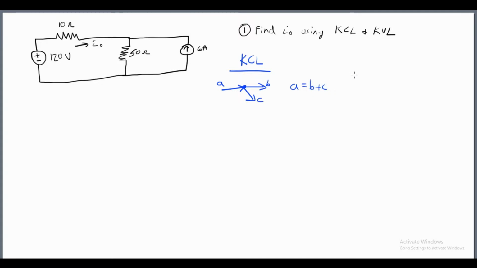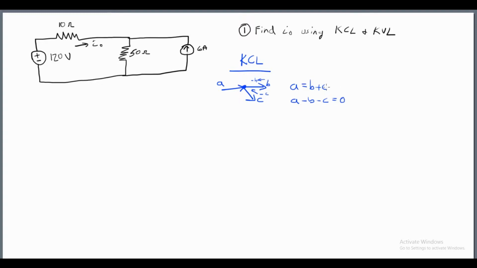Or you can write it as negative B going the opposite direction and negative C also going the opposite direction, and you can write it as A minus B minus C equals 0. This would be summing all of the currents entering the node.